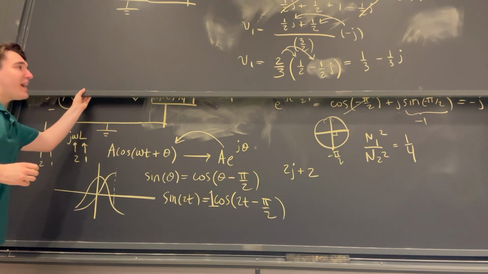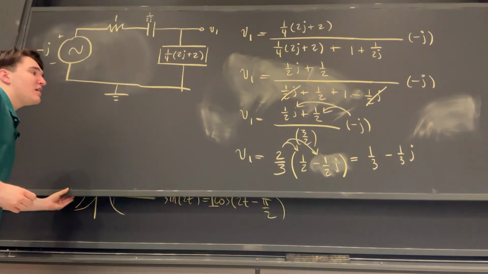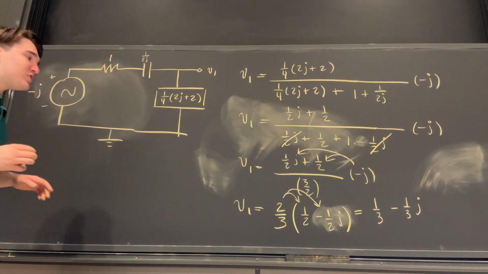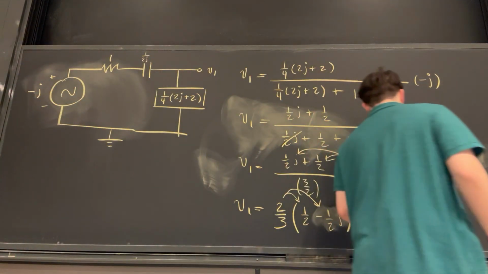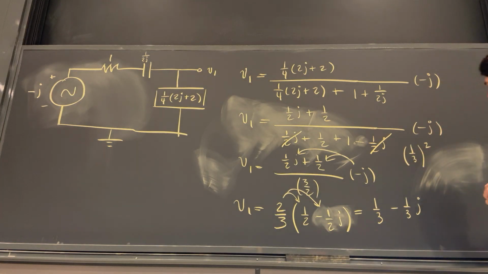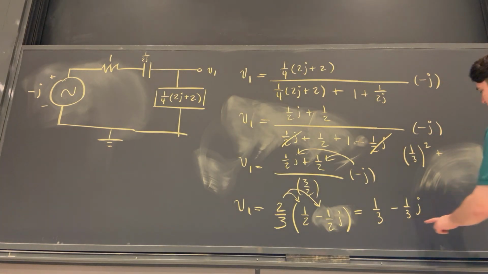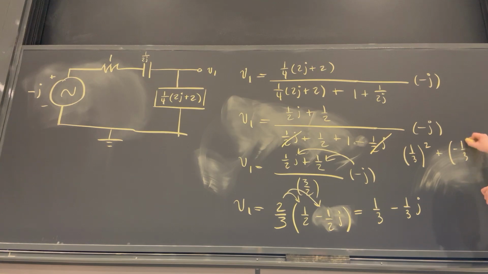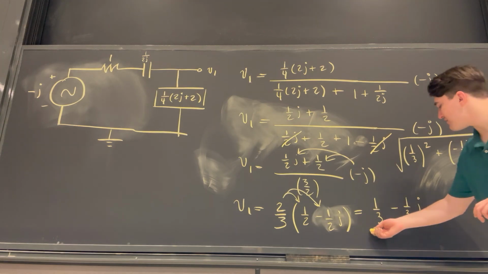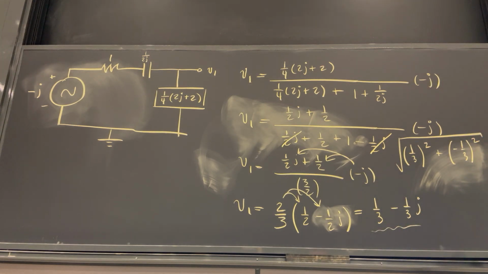So I need to find the modulus of this complex number first. What is the modulus of this? Well, I take the real part, square it, and then I take the imaginary part, which is -1/3, square it, add those together, and take the square root. So this is how I find the modulus of this complex number.